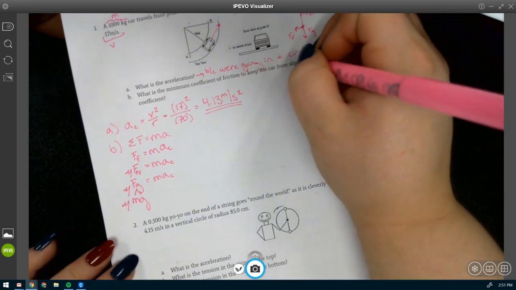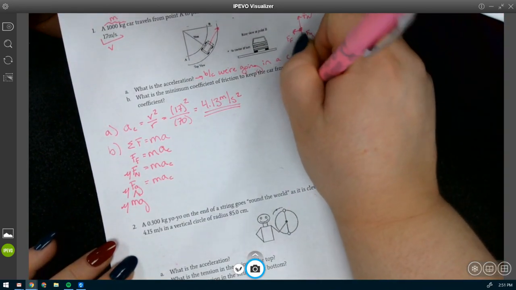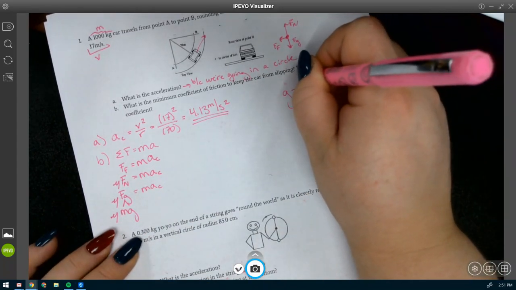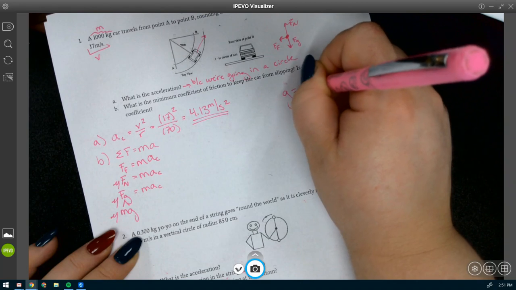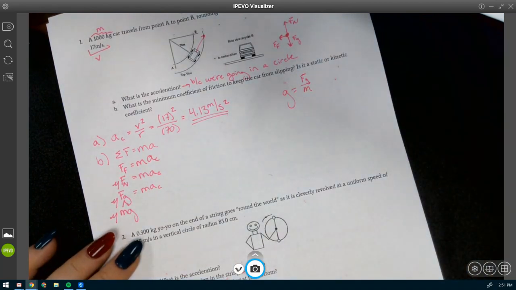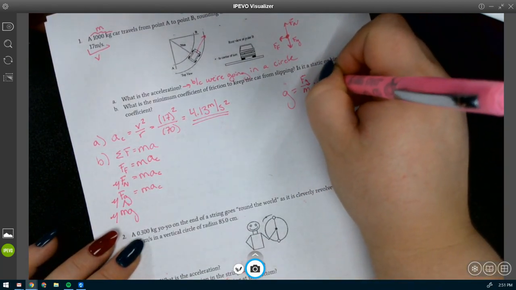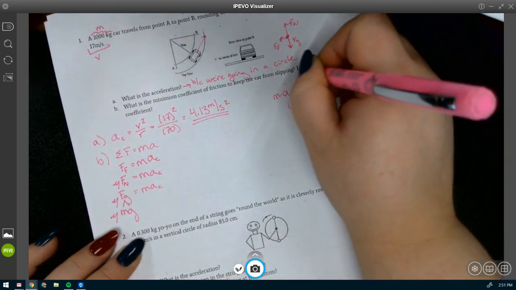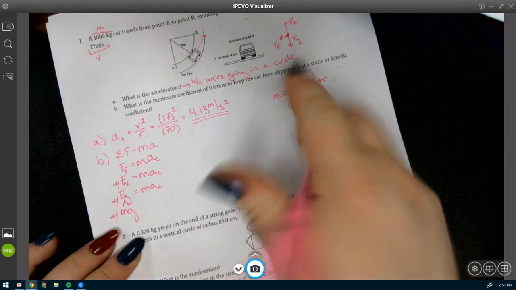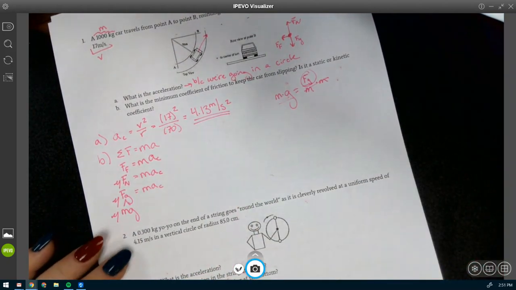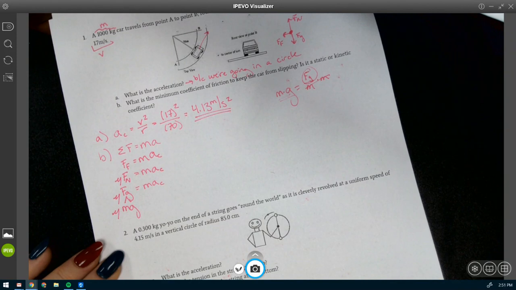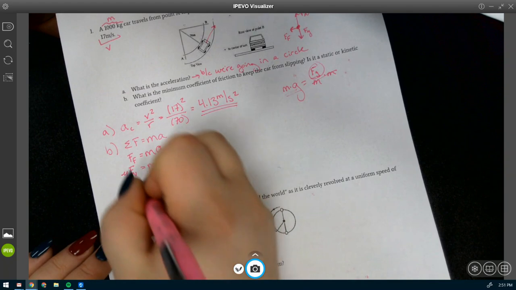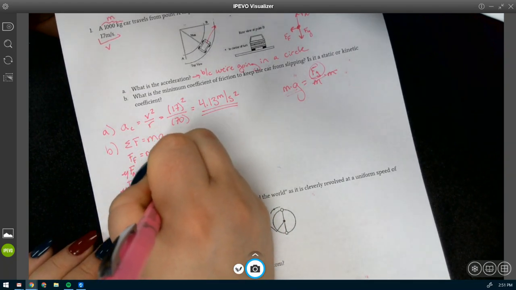On your equation sheet, on the bottom towards the right, there's an equation that says that little g is equal to the force of gravity divided by m. And so all we've done is multiply both sides by m. And so anywhere that we see Fg, we can just plug in m times g instead. Does that make sense? That's a good question. So this is equal to m a sub c.